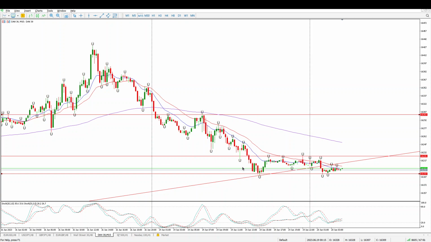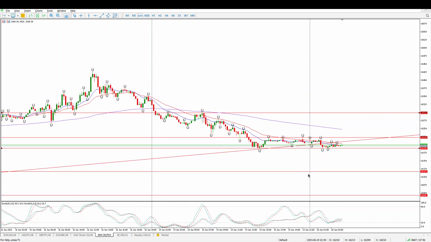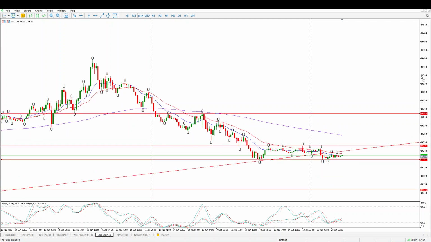If we break this level, 16,193, and retest it, stopping the upside, you're looking for a short targeting 16,121. I somehow don't think that is going to happen.